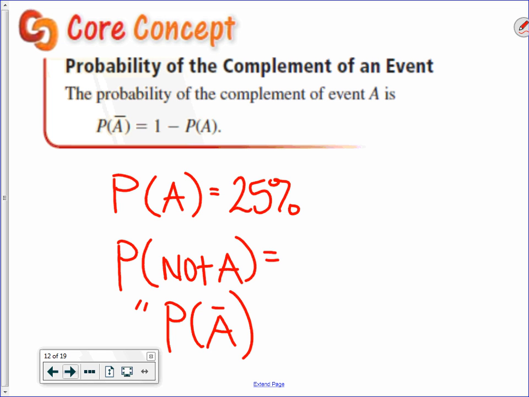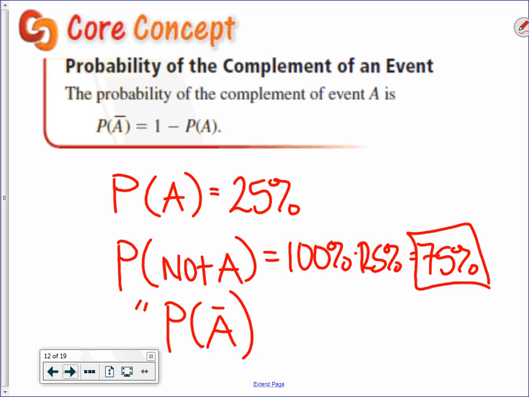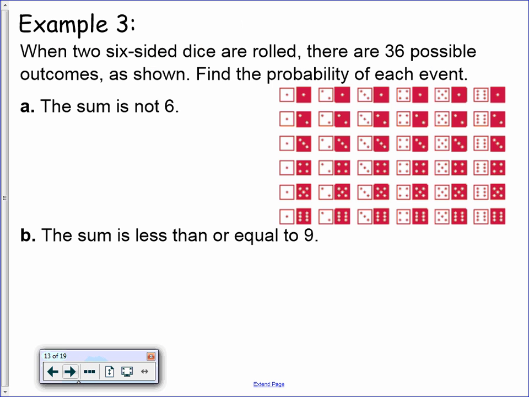And what's not A is like taking 100% minus that 25%, which would be 75%. So the complement of 25% is 75%. So sometimes it's easier to find the complement to figure out what the probability of something is.